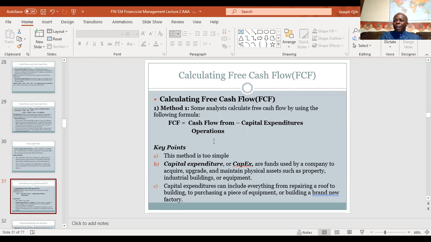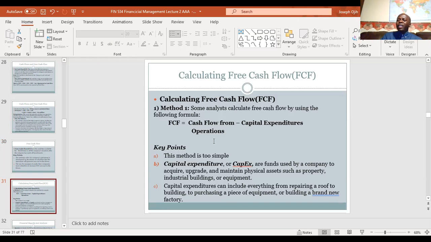And when we talk of capital expenditure, what are we referring to? Well, in the simplest terms, capital expenditure, some people call it capex, are those funds that the company used to acquire, upgrade, or maintain physical assets, things like property, industrial buildings, equipment.